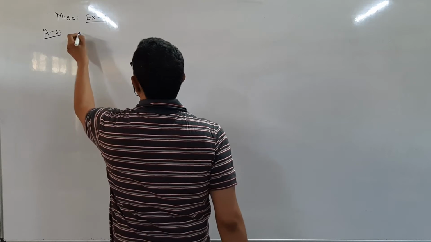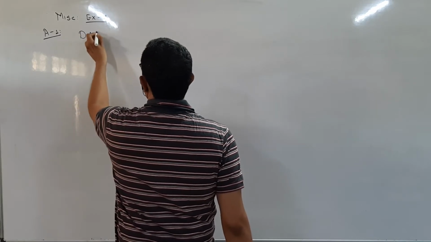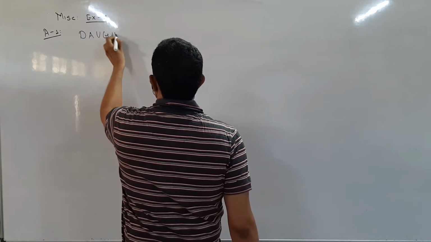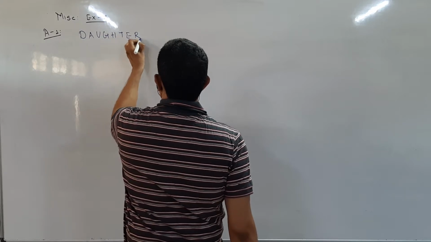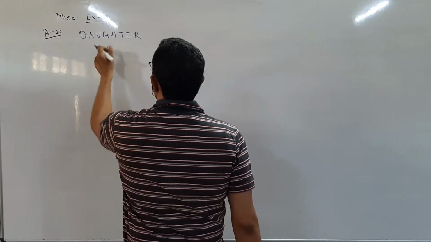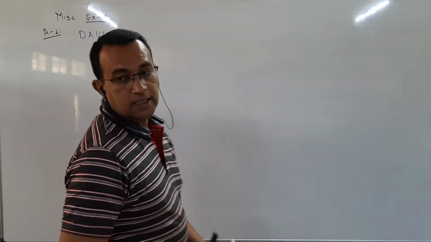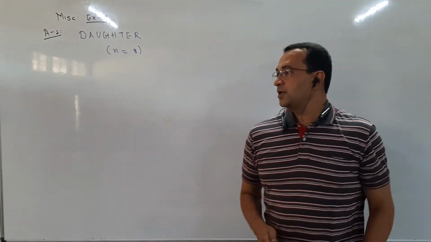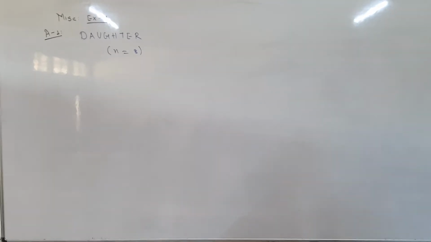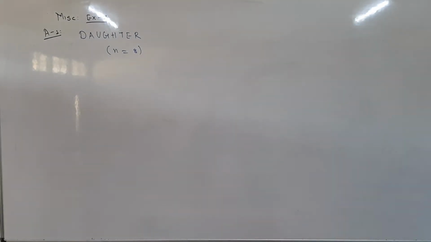Okay, students, we are given a word, say daughter. 4 and 4, 8 are the total letters of the word daughter. Now we are going to use 2 vowels and 3 consonants. Out of this 8, we are to use 2 vowels and 3 consonants.